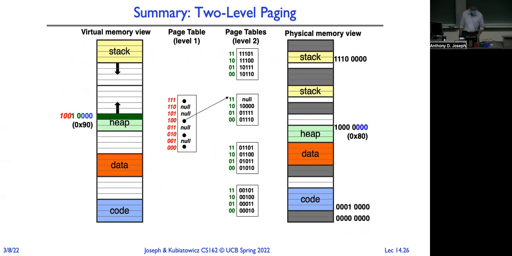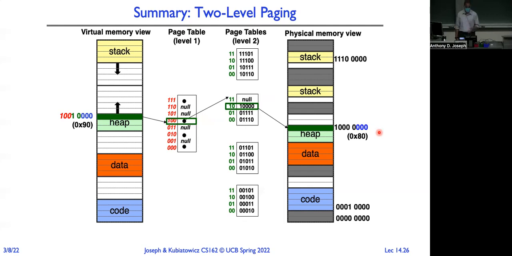So here, if we want to grow the heap, or reference a page on the heap, we simply look in the top level table. So this is going to be entry 100 in red. Then the next level is going to be 10. We look there, and that gives us this 10,000 in binary, which maps to right here, 80 hex. So we just walk through our tables, and that tells us what the physical address is.